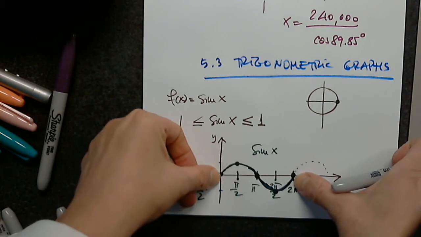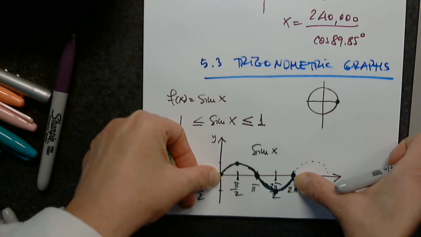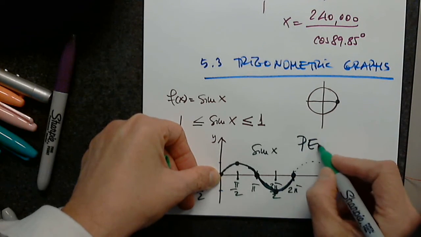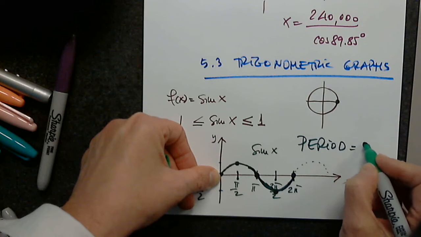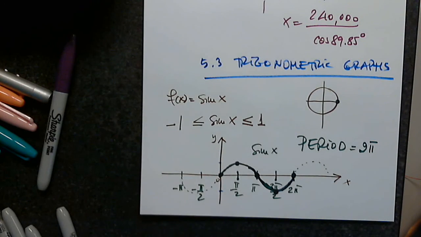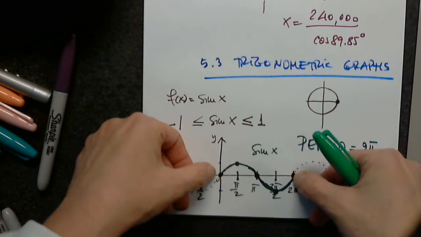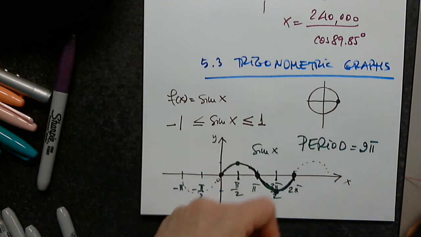This piece repeats itself indefinitely. That's why it's called a period. It's 2 pi. The period of sine is 2 pi. Again, I can copy it indefinitely to the right and to the left.